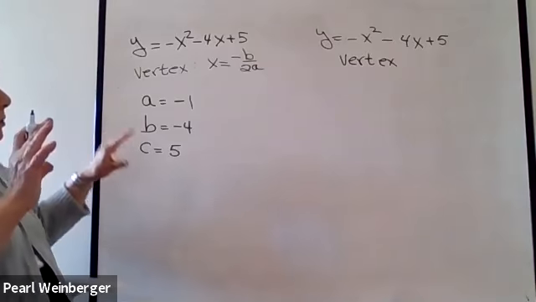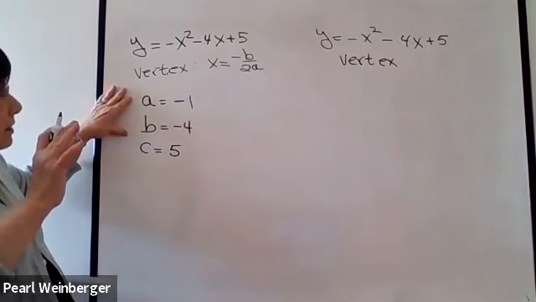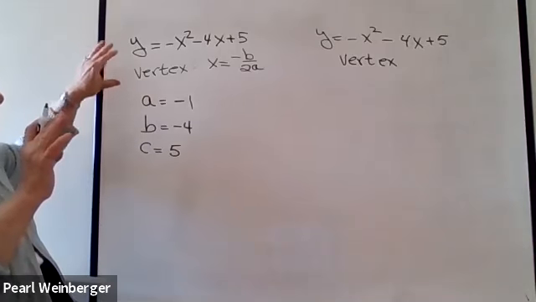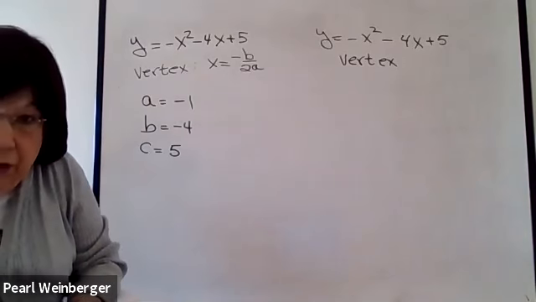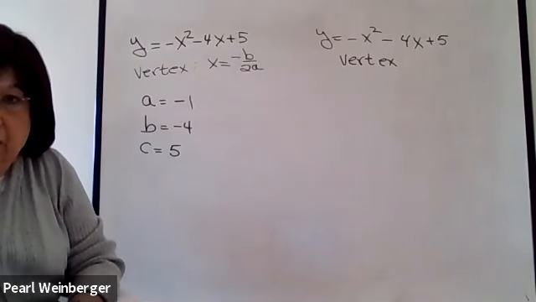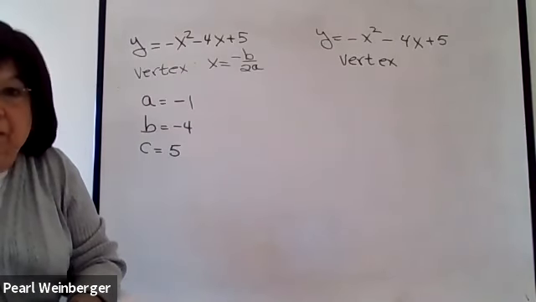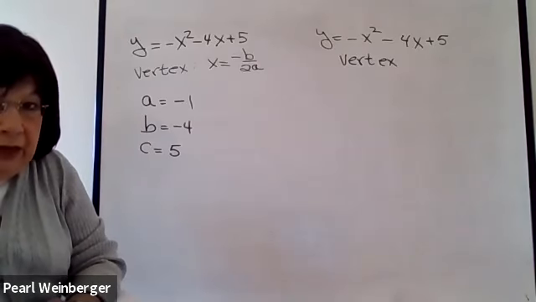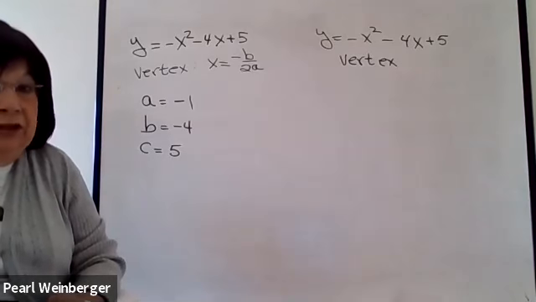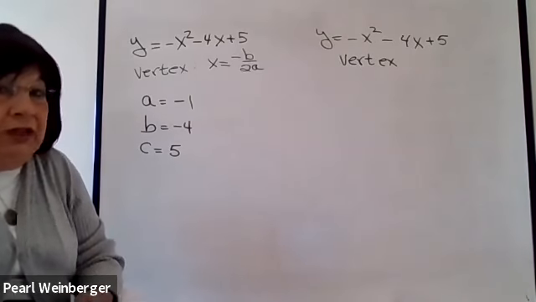Okay, now we have these 3 numbers. We know we want to find the vertex. By the way, before I even go to find the vertex, is this parabola going to be one that opens up and looks like a smile, or is it going to be one that opens down and looks like a frown?